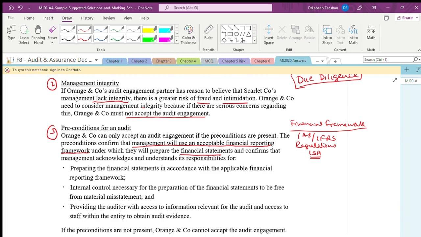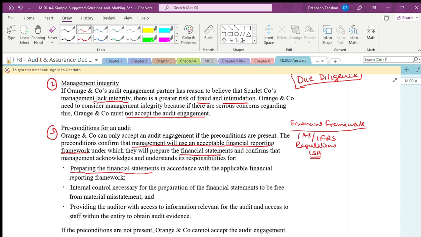And it confirms that the management acknowledges and understands its responsibility. Is it right? What is the responsibility of the management? The responsibility of the management is preparing the financial statements as per the accounting framework.